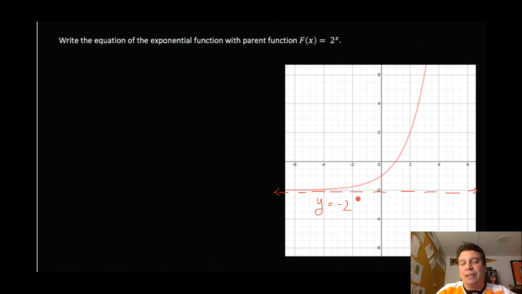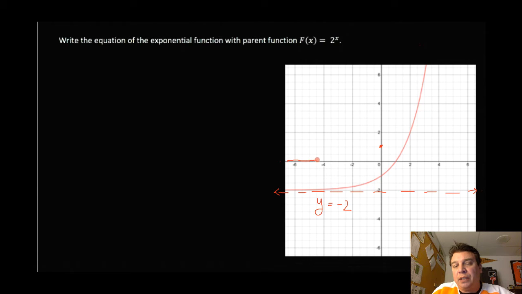Normally the asymptote line is here, because my regular 2 to the x would pass through this point: if I substitute 0 in, anything to the 0 power is 1.